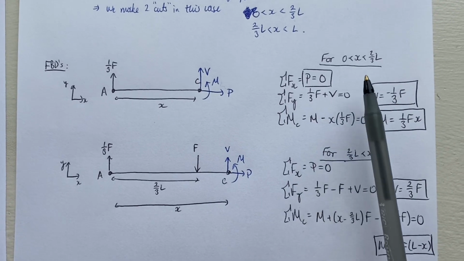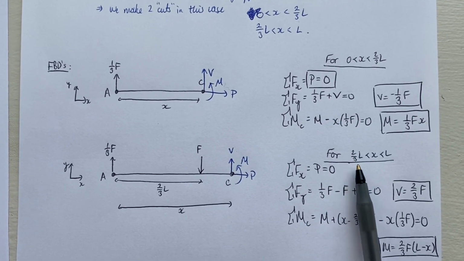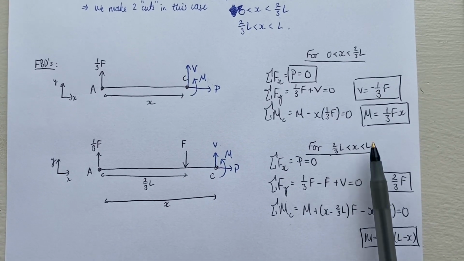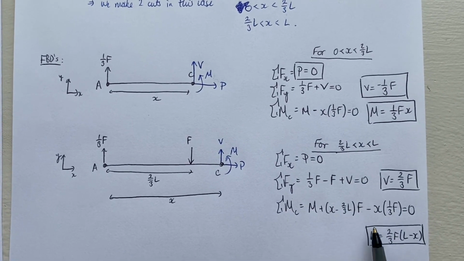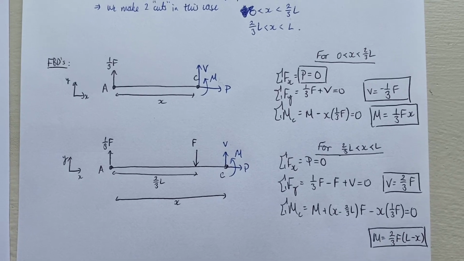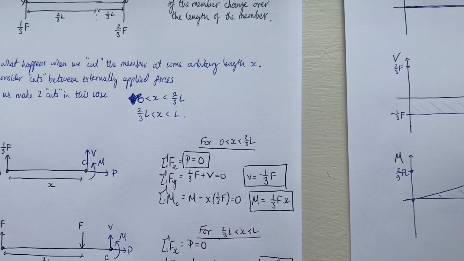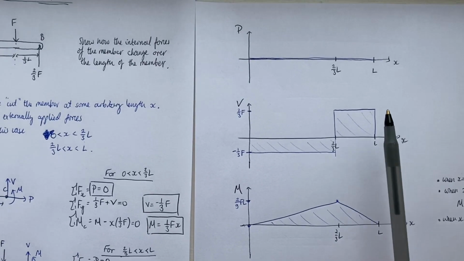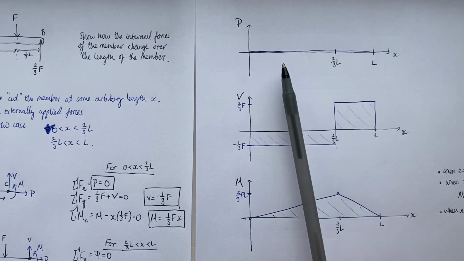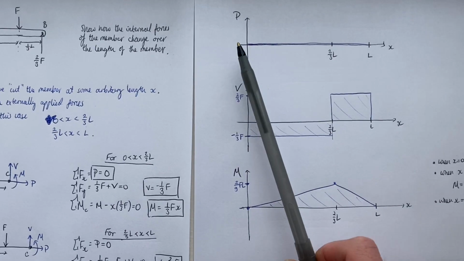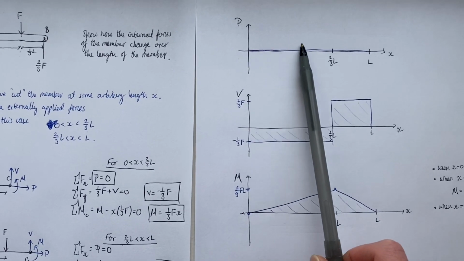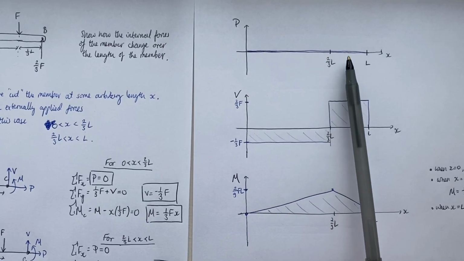So at this point, 2/3 L, the value of V and M are going to flip to something different, right? So what I do to show how that works is I draw how those three internal forces, axial, shear and bending moment, change as X increases from 0 to L.